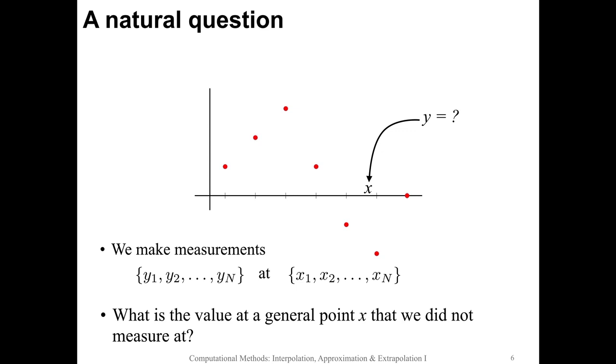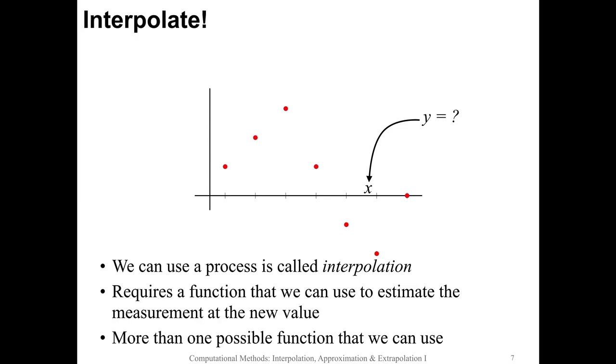A natural question then is, if there's some other location that's not at one of the points that we made a measurement at, some new location, which we call a general X in this case, what is the value of Y that corresponds to that? Because typically we won't be able to measure at all locations. And just as an aside, the locations where we do make the measurements, these X locations, X1 up to Xn, we often call those knot points.